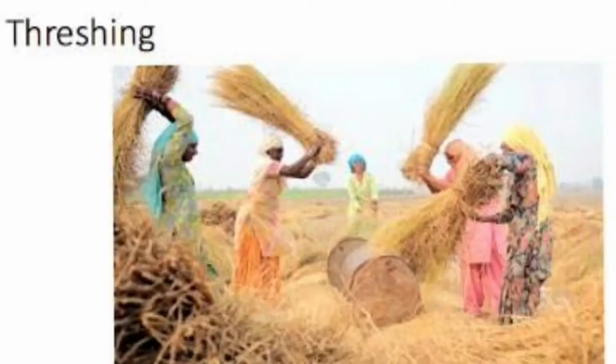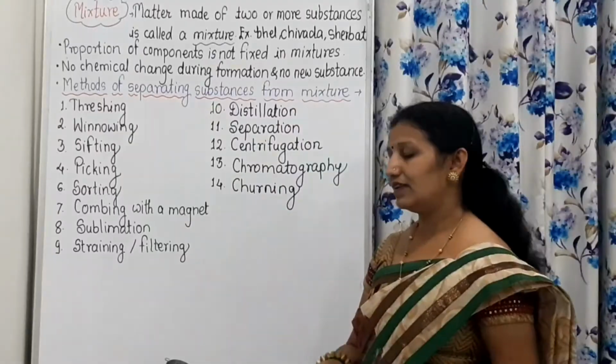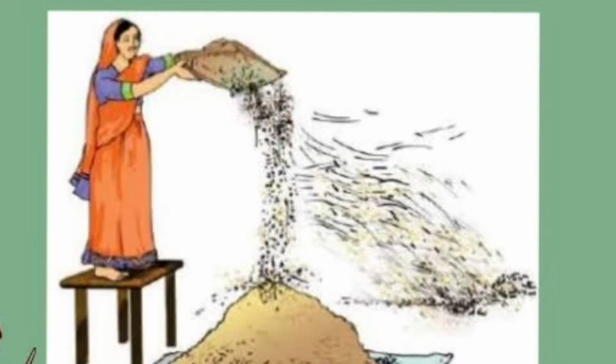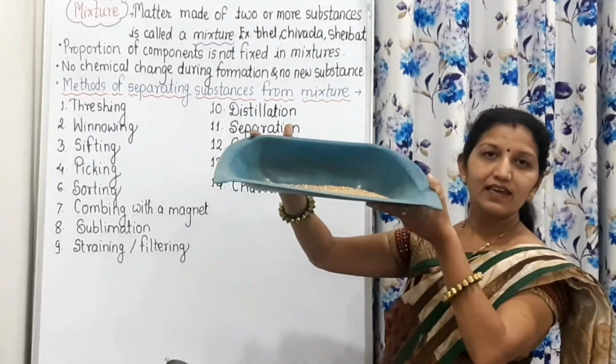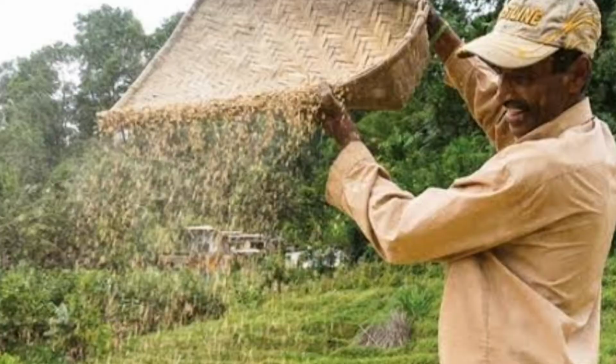First one is threshing. What happens after harvesting of the ears of the grains? They are dried, and after drying, to separate the grains from these ears, threshing is done. In Marathi it is called zodapni. Then winnowing. With this procedure, the lighter substances are separated.